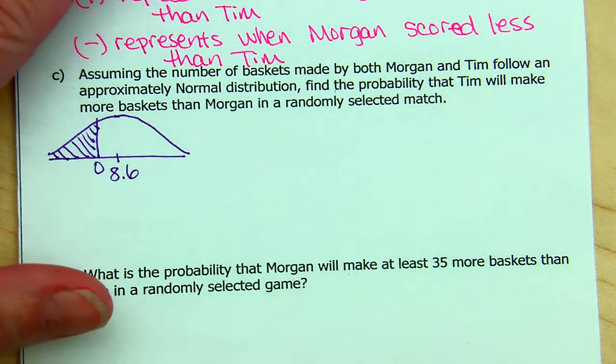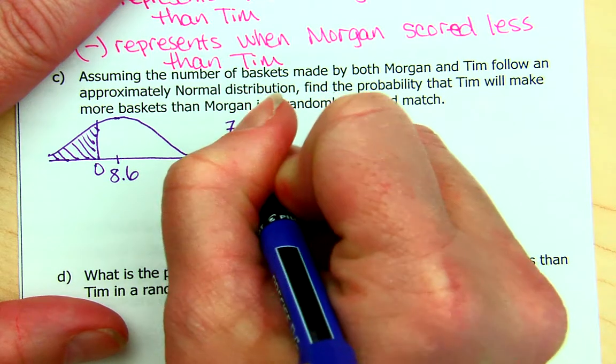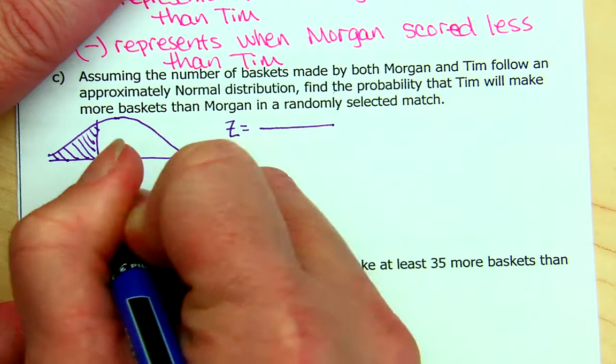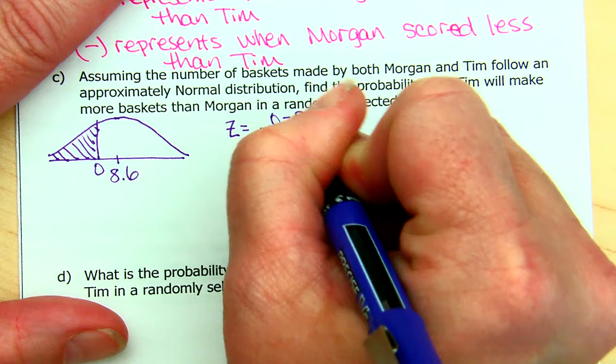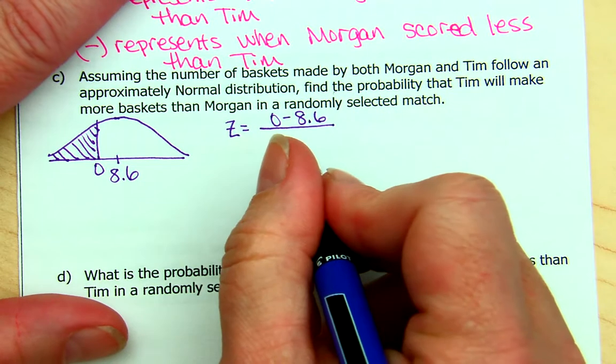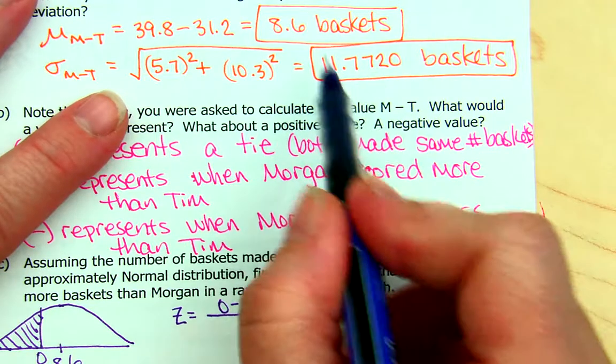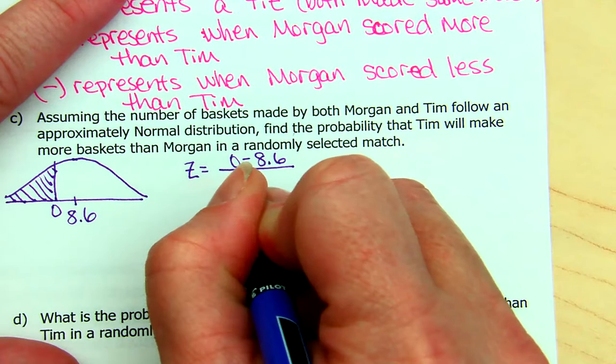Okay. So then we're just going to find a z-score. So 0 minus 8.6 over our standard deviation for the combined, which we found up here in part A was 11.7720.